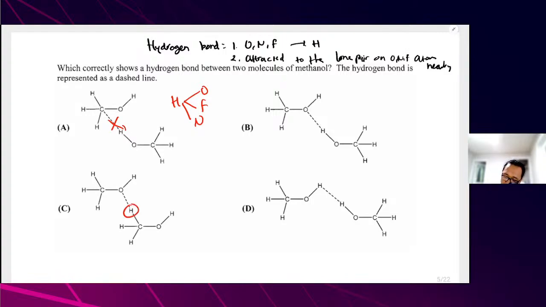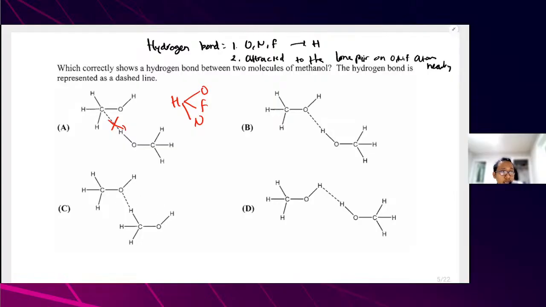The hydrogen should be the donor, but over here the oxygen is the donor. This one is the opposite, so that's wrong. Wait, option C again: the dashed line goes from oxygen to hydrogen on carbon.